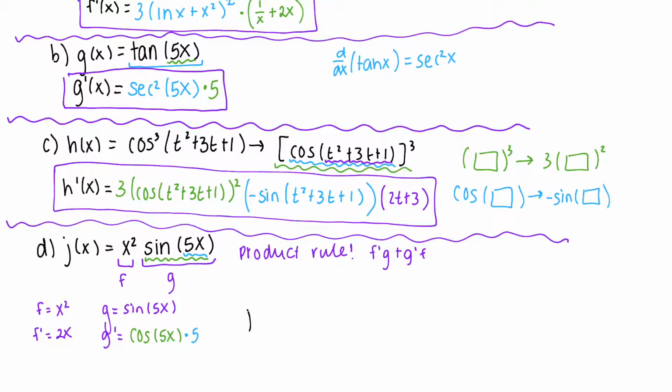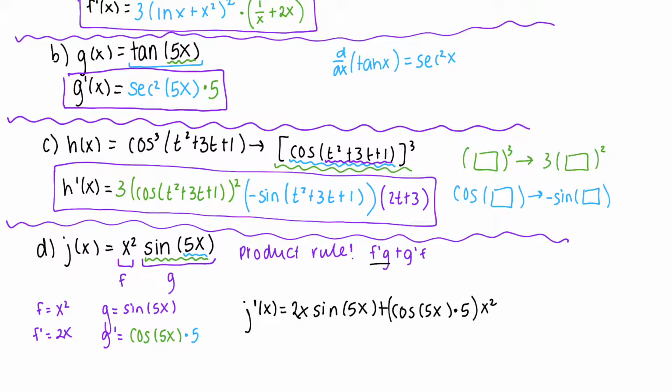So our full derivative here, j prime of x, so that's f prime g, so 2x times sine of 5x, plus g prime, so g prime is cosine 5x times 5, g prime times f, which is x squared.